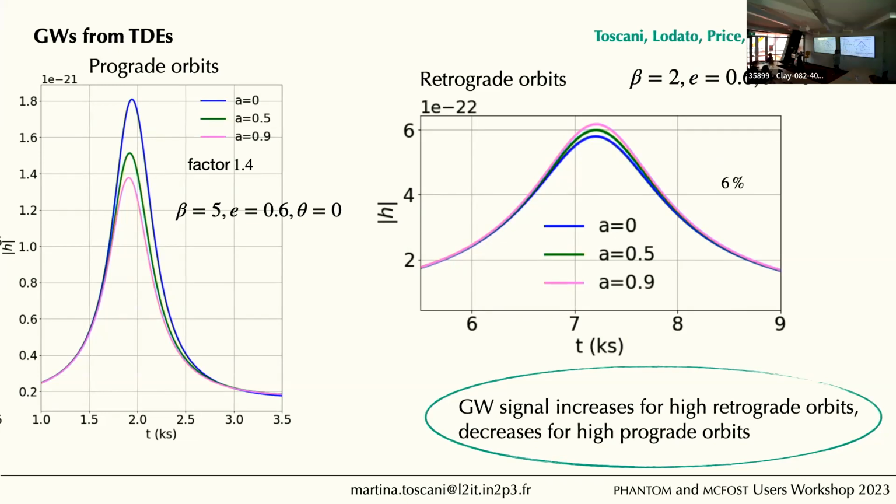And what we found was that the gravitational wave signal increases for lower values of the spin in the case of prograde orbits, while the opposite trend is observed in case of retrograde orbits. And this is something that makes sense because it can be explained with the orbital frequency of a test particle around a Kerr black hole.